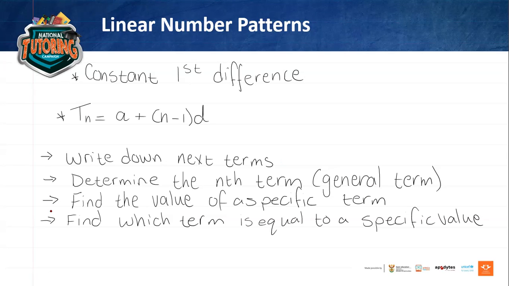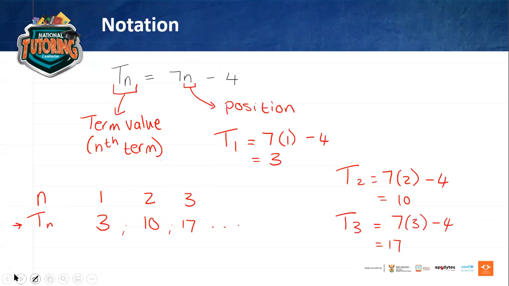Now, for linear number patterns, you need to know that there is a constant first difference. So if I go back to this last example, this was a linear number pattern, and we can see that there is a constant difference between all these terms. From 3 to get to 10, I add 7. And from 10 to get to 17, I add 7. And if I worked out term 4, we would see that I would need to add 7 to get there.